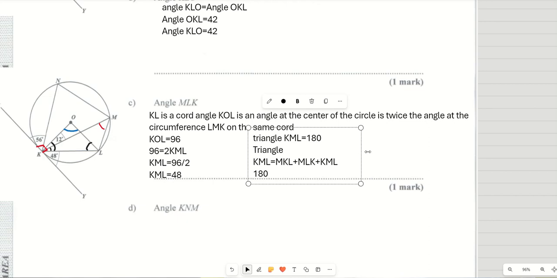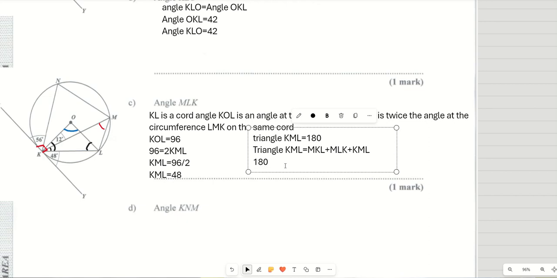Let's make this bigger. 180 is equal to MKL, which we found out above was 30 degrees, plus MLK, which is what we're trying to find out, plus KML, which we found out just now to be 48.